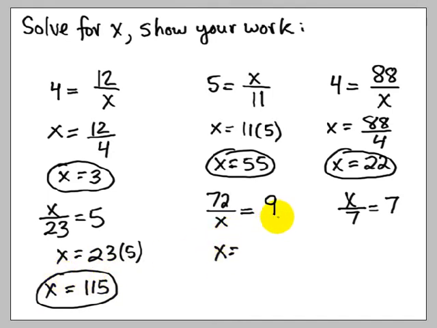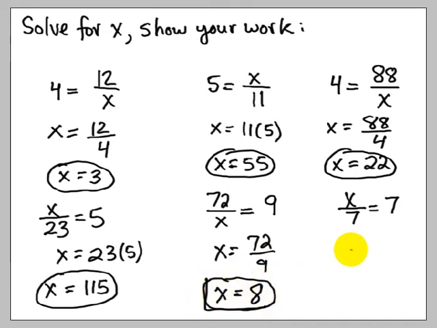If I put 9 over 1, x is 72 times 1 divided by 9, which is the same as just 72 divided by 9. So x is 8. Alright. And the last one, if I put 7 over 1 here, x is 7 times 7 divided by 1. In other words, just 7 times 7. So x is 49.